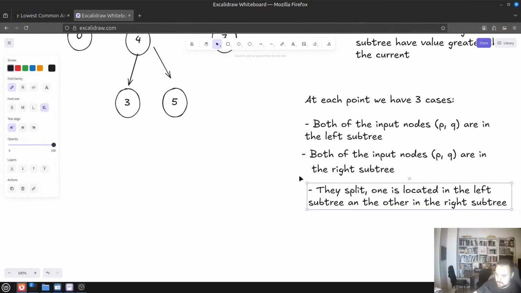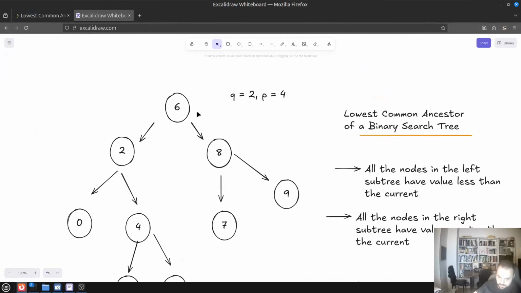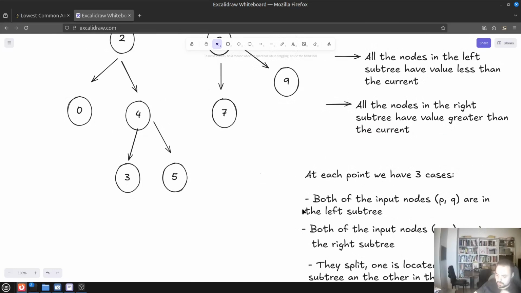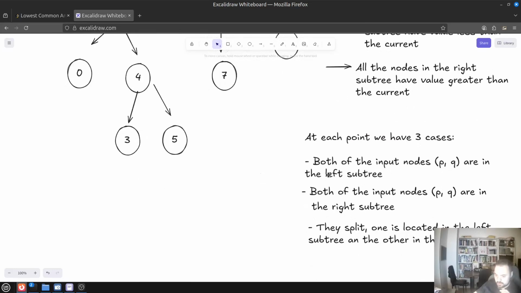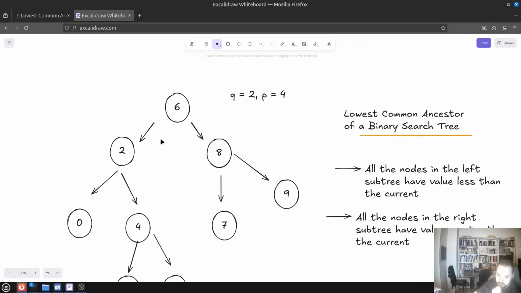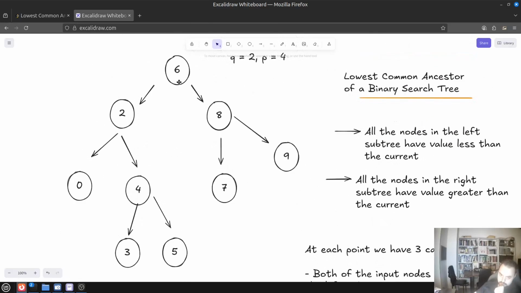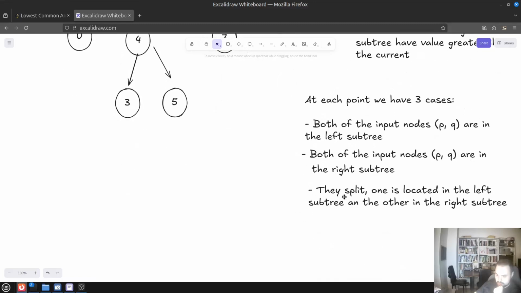And what happens in the third case? If we start at the top, then try to go to the left, if both of them are in the left subtree. And how can we tell? We will talk about it in a second, but let's assume that we know. Either we go to the left or we go to the right, or they are on the opposite sides. And if they are on the opposite sides, we have found the common ancestor.